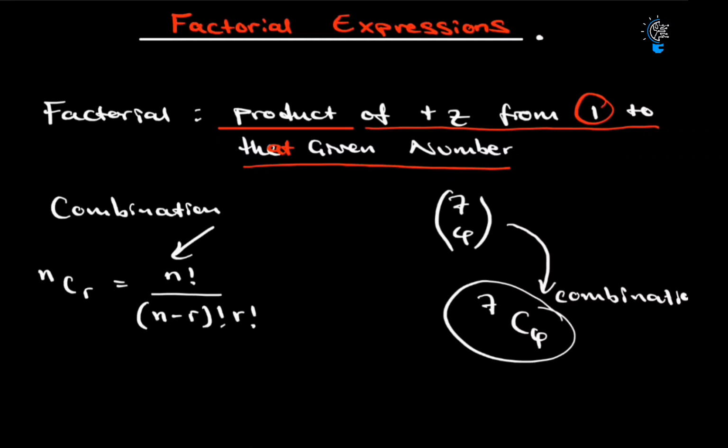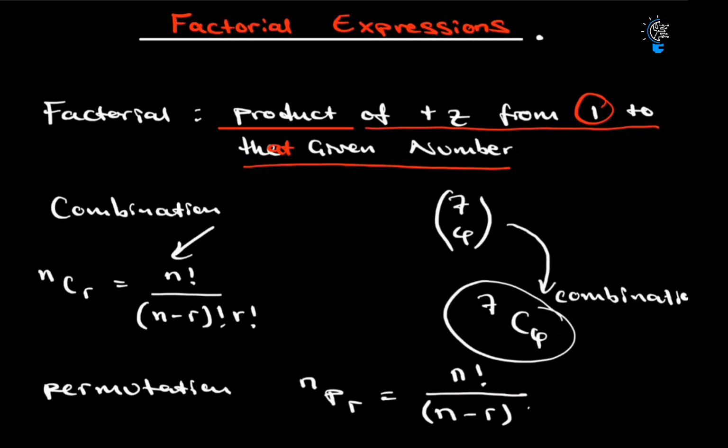And we also have what we call permutation, which is denoted as n permutation r, which is equal to n factorial divided by n minus r factorial. These two make up a topic called combinatorics.